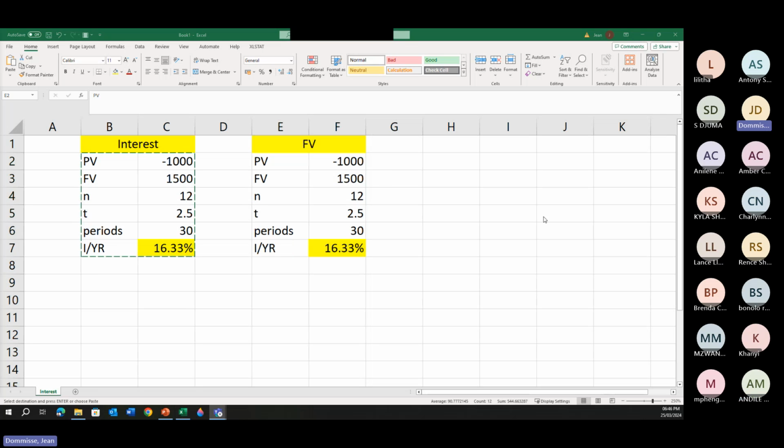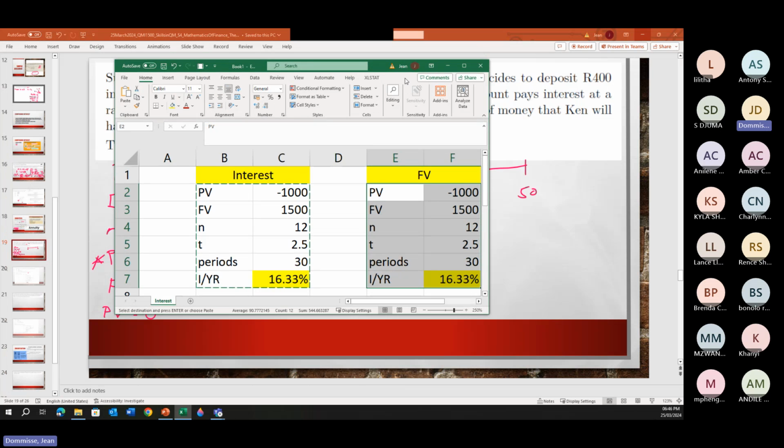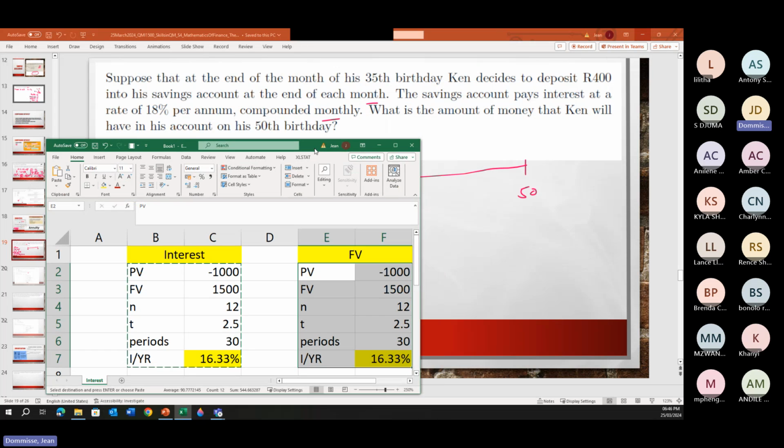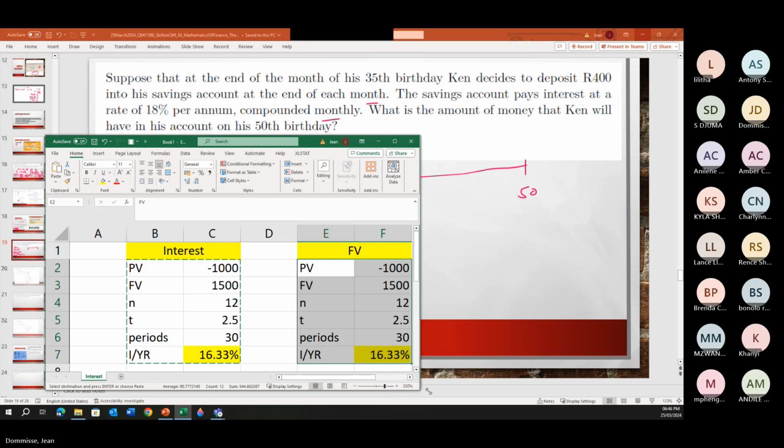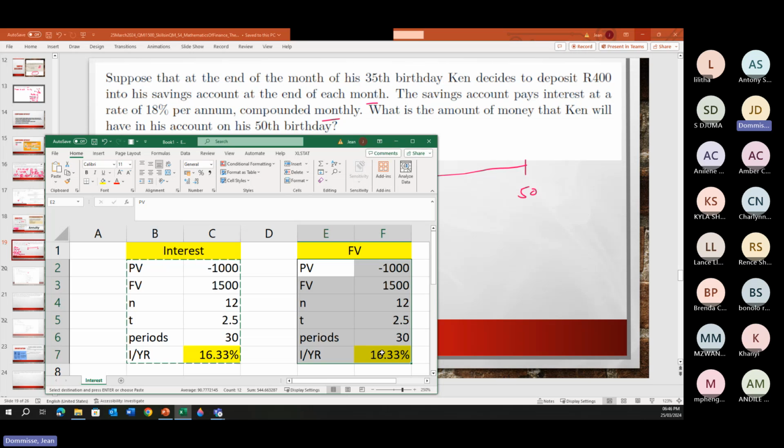Okay, so I'm going to quickly put in the information that they've given us into this. In this one, we're not going to work out the interest rate. We're going to work out the future value.